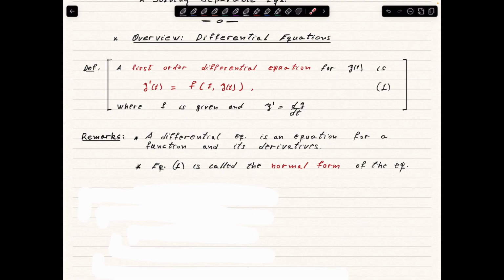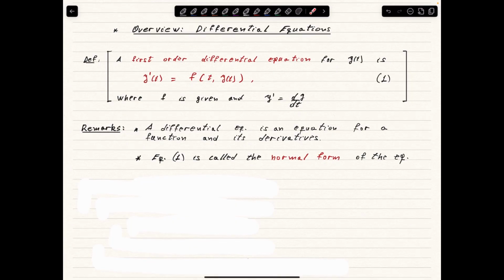What is the normal form? When we write the derivative on the left side, and on the other side we have only y and t, and we don't have y prime anymore. So we solve for y prime. Then we say the equation has normal form.